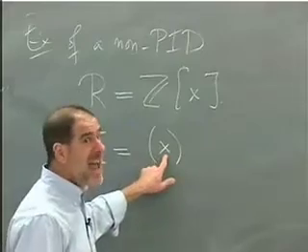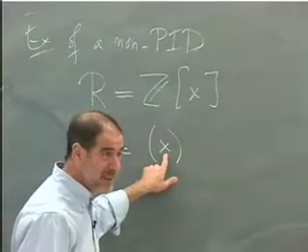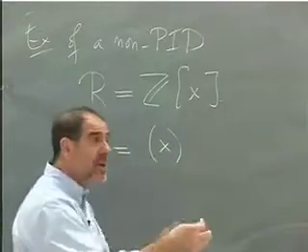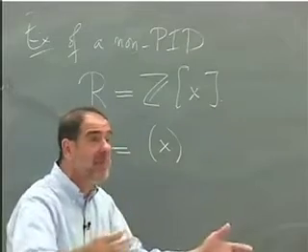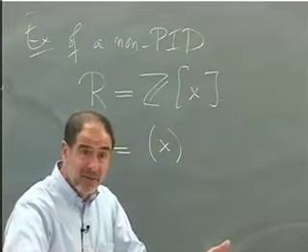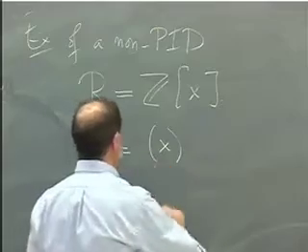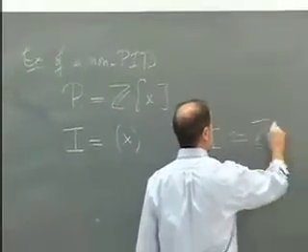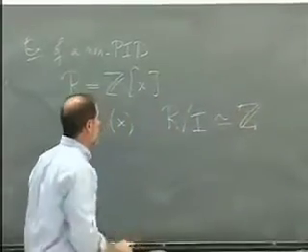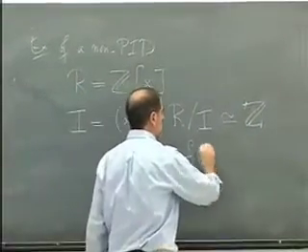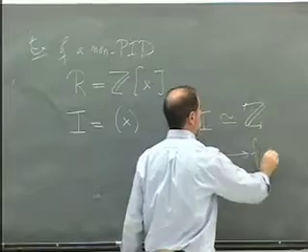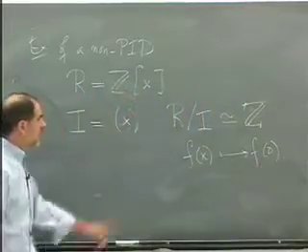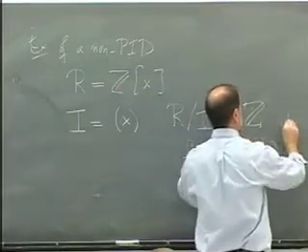You can't factor X. I mean, it would have to be a polynomial of less degree, and if it was less the degree than that, it would be a constant, right? So this is, and in fact, R mod I is isomorphic, as you showed on the exam, to Z by the map that takes f of x to f of 0. And this is an integral domain.